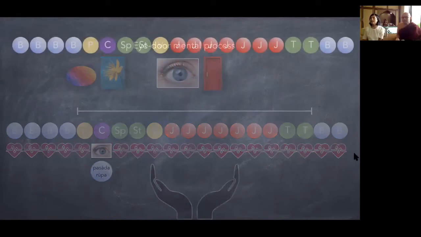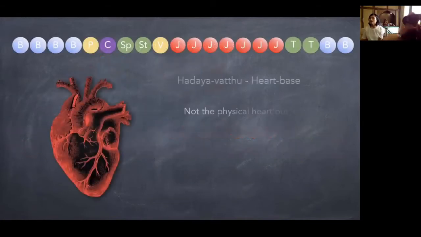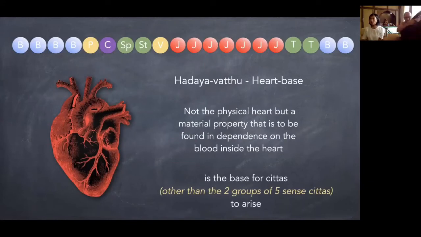Yes. Okay. Now, the heart base, Hadayavatu, which is not the physical heart, but a material property that is to be found in dependence on the blood inside the heart, is the base for all chittas other than the two groups of the five sense chittas, the Dvipancha Vijnana.